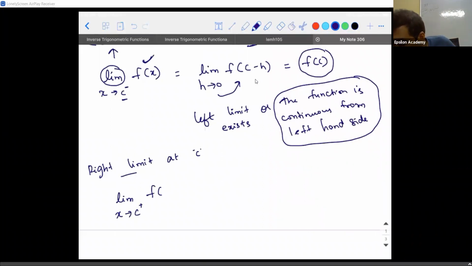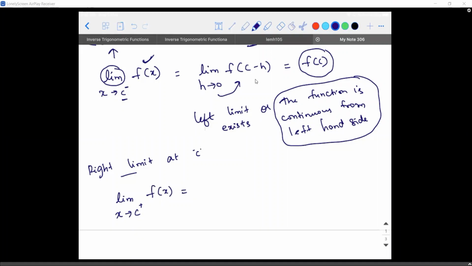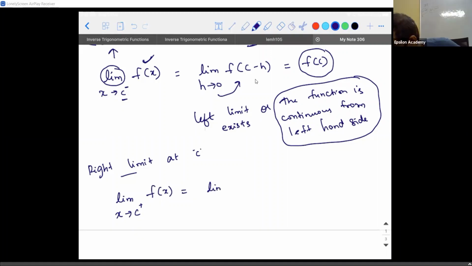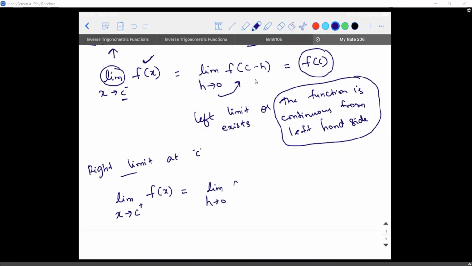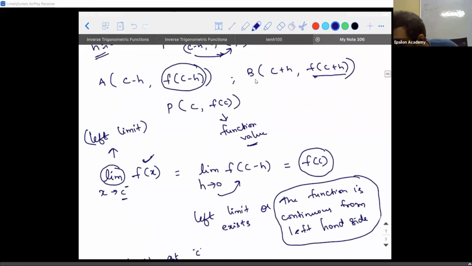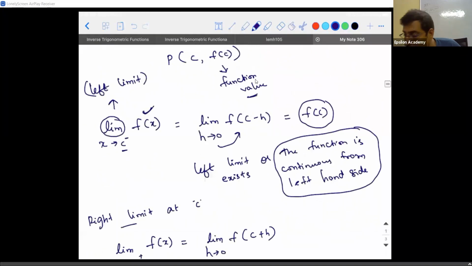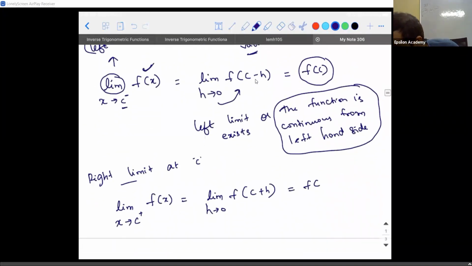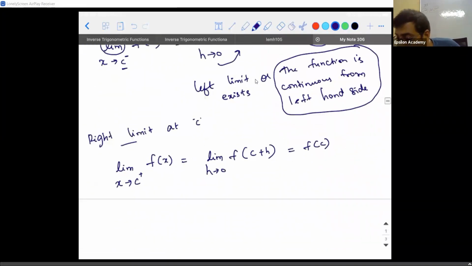Limit of f of x is equal to limit h tends to 0 of f of c plus h. C plus h means I will take the function value on the right of c. If this also comes out to be equal to f of c, then what can I say?